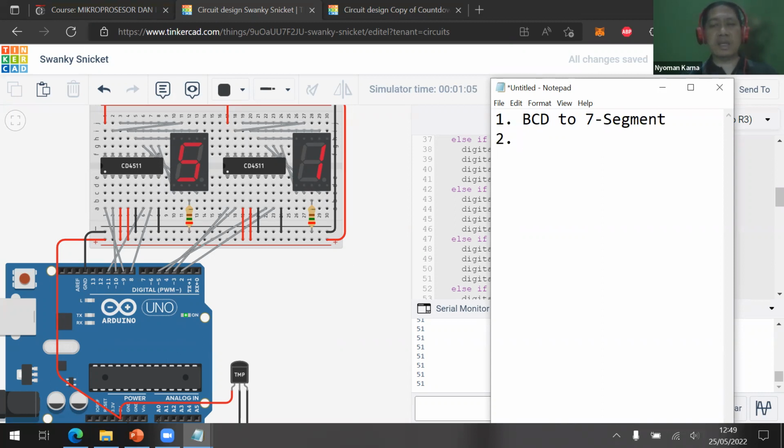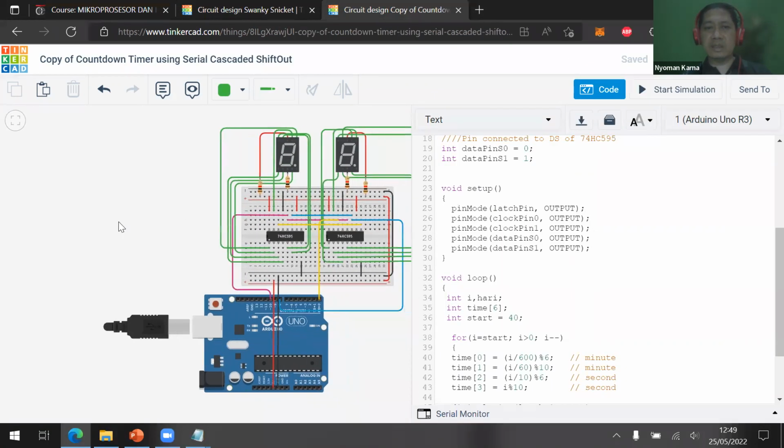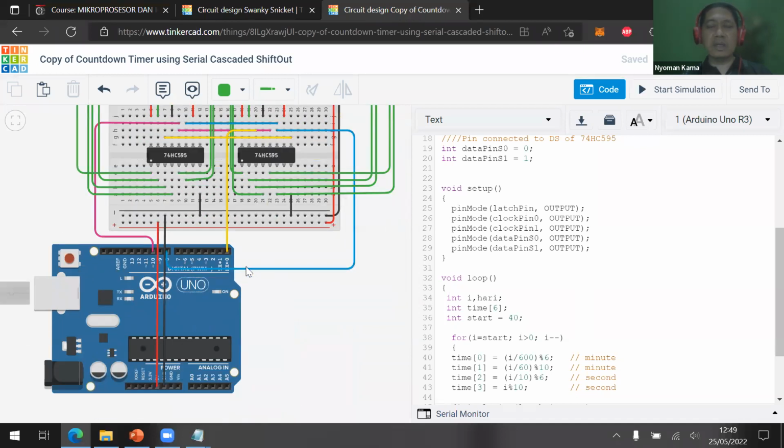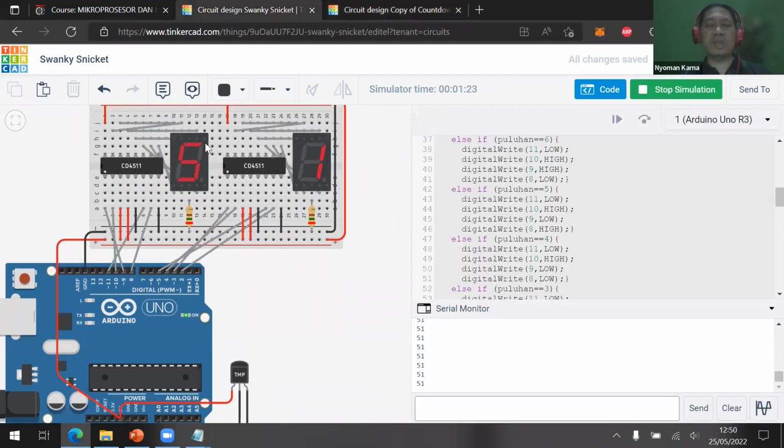And then the second solution is we can use something that is serial, parallel in and serial out. You can try to use something like this. I only need to use one cable to send the data, to send what's supposed to be visualized in the 7-segment.